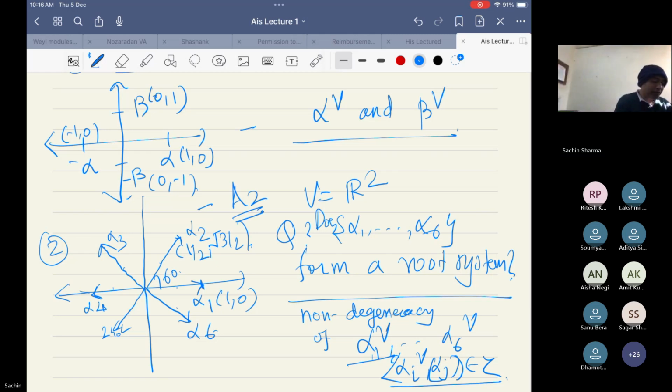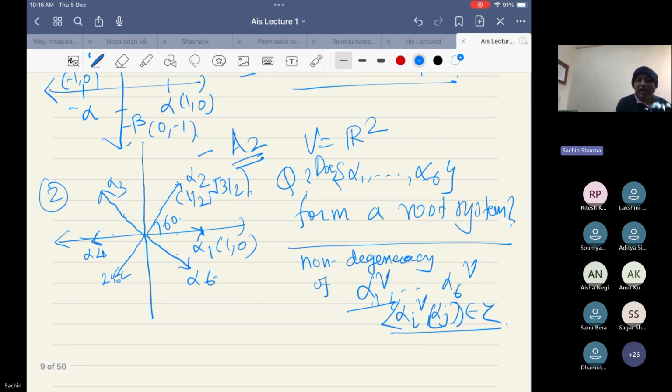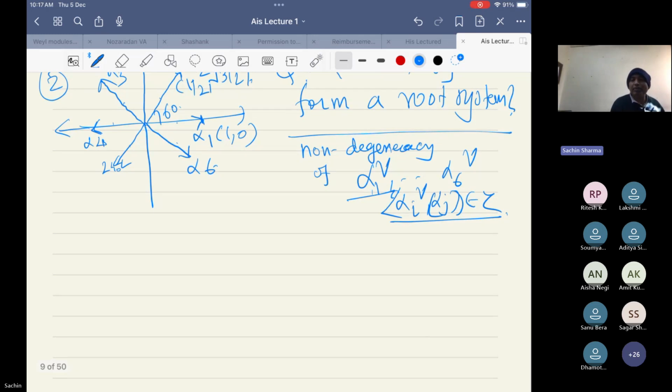Okay, so fine, as we have started, the main thing in checking is to determine what is alpha check, alpha i check. So we will do it now. Here is the proposition which fixes this problem of determining alpha check once and for all.